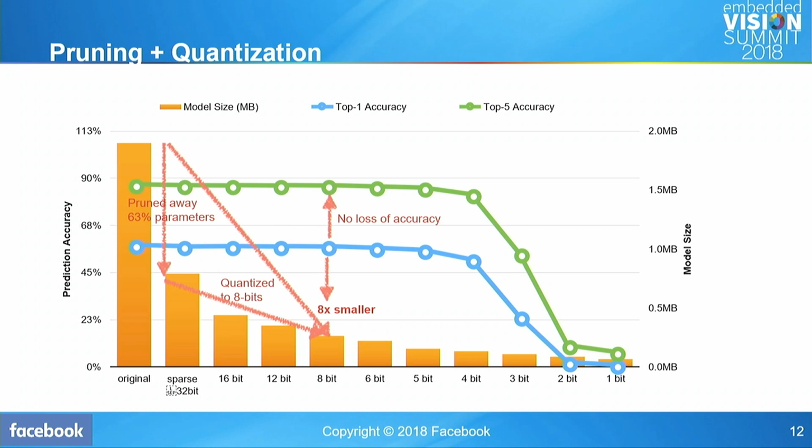But what's interesting is this curve you can see in blue and green, the top 1 and top 5 accuracy: it doesn't start dropping even for 8-bit networks. And if you consider a little bit less quantization, you can even increase the accuracy.